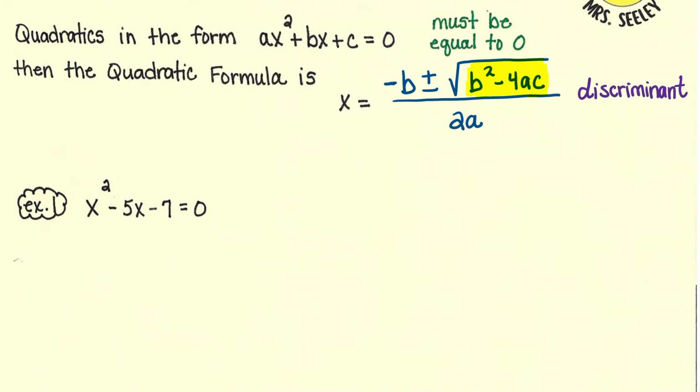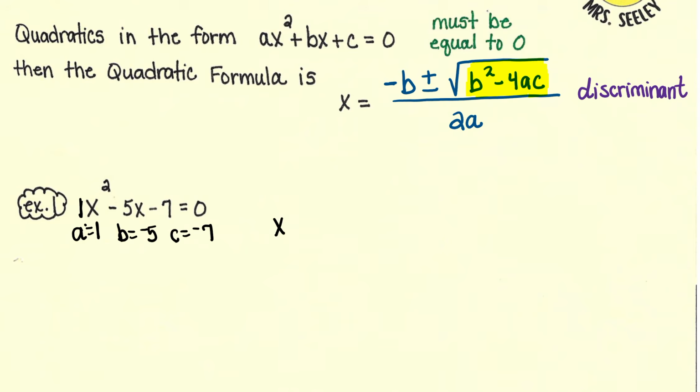In the first example, we can see that it's in the correct form, the x squared, the x, and the constant, and it's set equal to 0. If you'd like to, you could come out here and say, okay, a, that's an understood 1, a is equal to 1, b is equal to negative 5, and c is equal to negative 7. Then we're going to plug it into our formula.